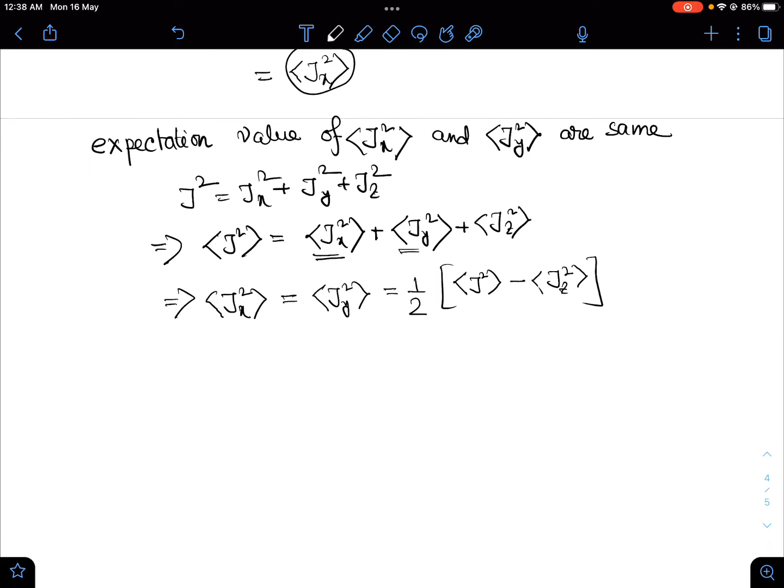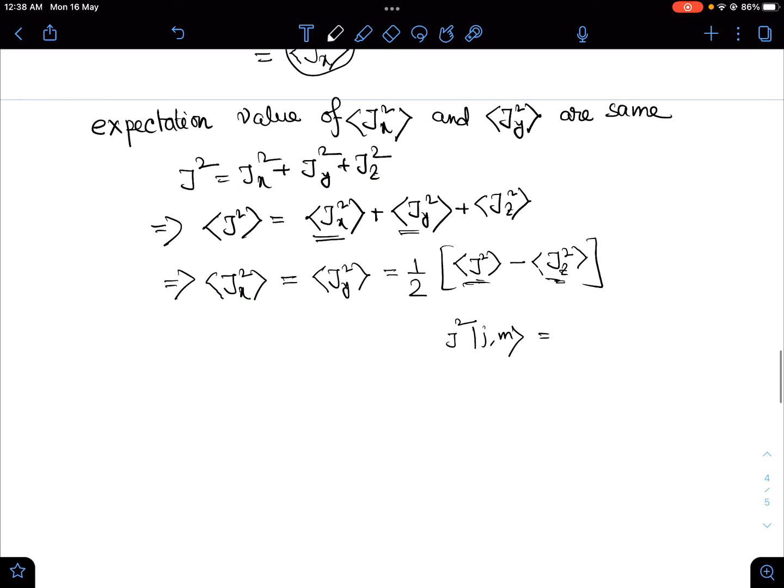Since this Jm is an eigenstate of both J squared and Jz, we can easily calculate these two values. So what will be J squared? It will give us j into (j plus 1) h cut squared into Jm. So the expectation value will be j into (j plus 1) h cut squared.